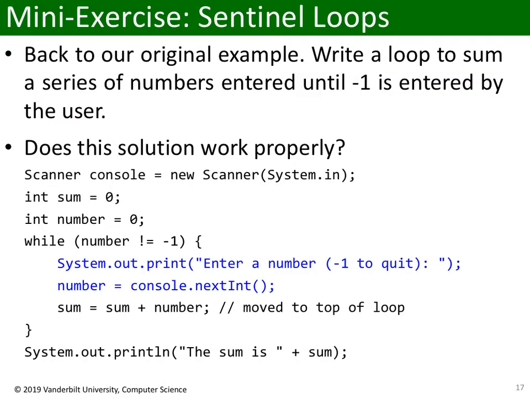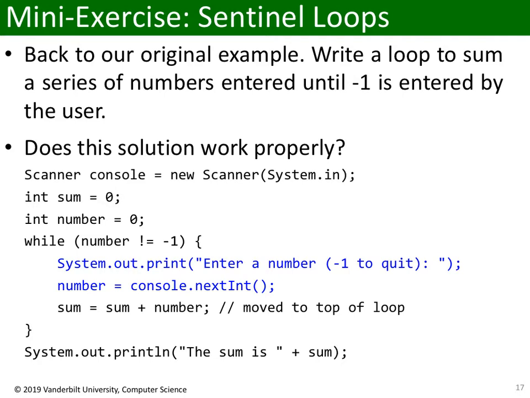So let's go back to our original example where we wanted to sum all the numbers typed in by the user until they entered -1. So does the solution below work? Declare console as a new scanner. Declare the sum variable and set it equal to 0. The current number, set it equal to 0.